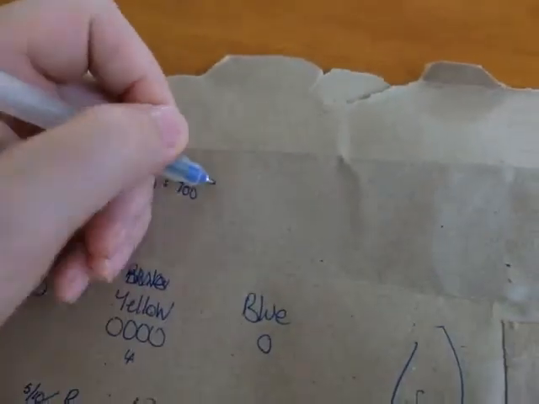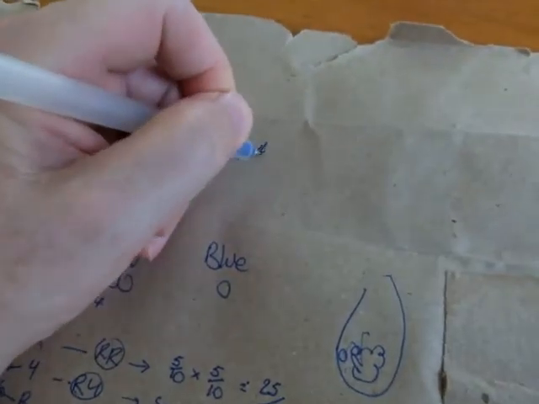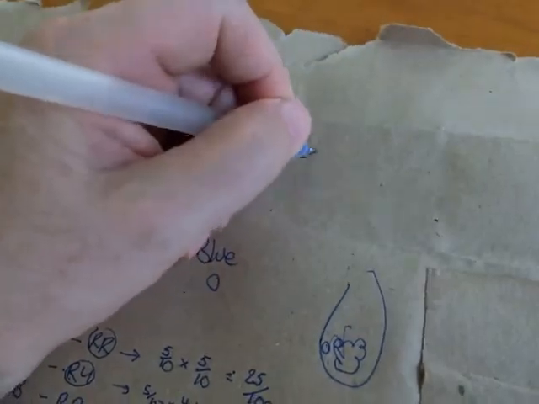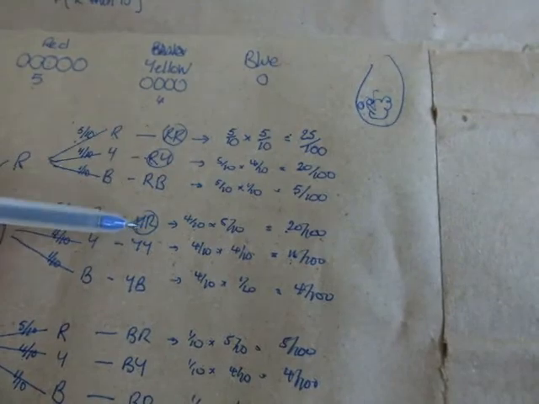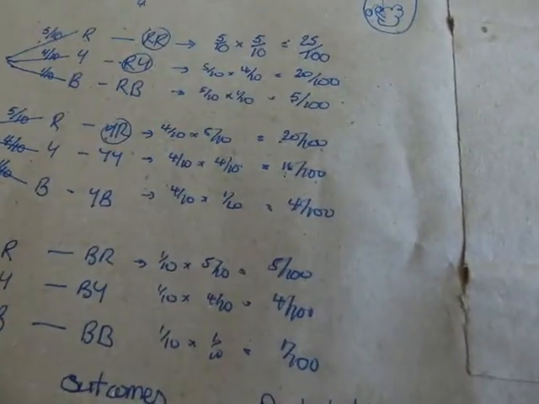So in this case I add these two together and I get 40 out of 100, or if I wanted, I can make that a 2 in 5 chance. So they are the two spots here where it's red and yellow, or yellow and red. It asks for one red and one yellow, so I find that and I add them together.